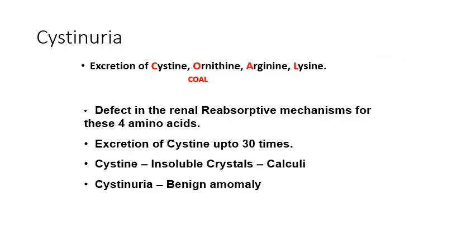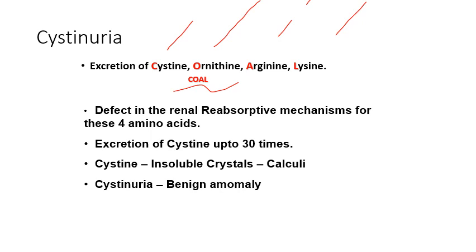Now, the inborn errors associated with the sulfur-containing amino acids are cystinuria, cystinosis, and homocystinuria. Cystinuria occurs due to a defect in the renal reabsorptive mechanism for 4 amino acids: cysteine, ornithine, arginine, and lysine. In short you can write it as COAL: C for cysteine, O for ornithine, A for arginine, and L for lysine.